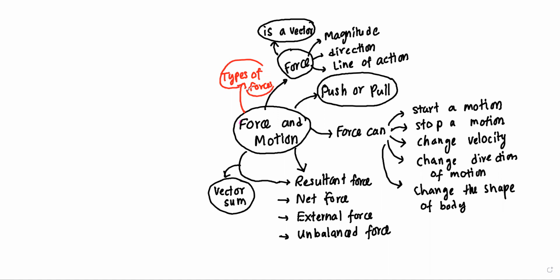There are many types. We can have a tension force. Tension normally comes with the stretching of materials. And there are compressive forces. Compressive force normally comes with the compression of a spring.